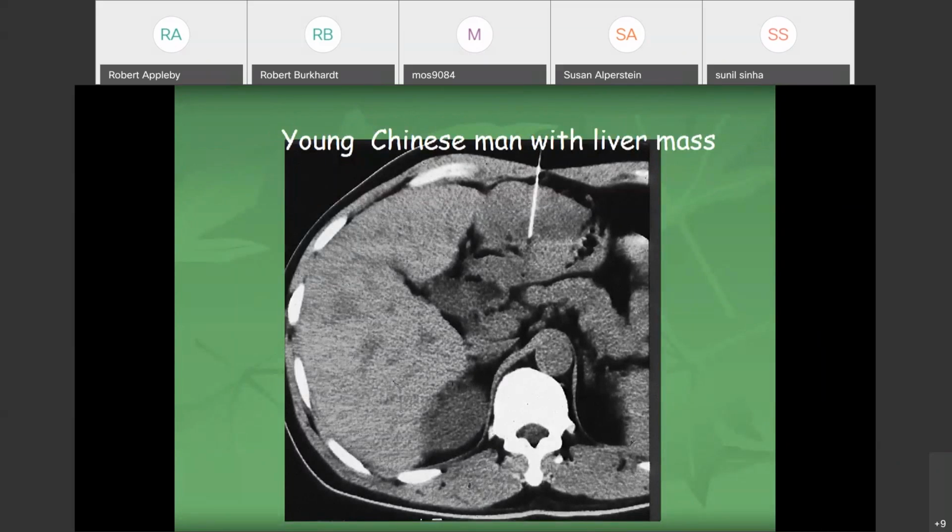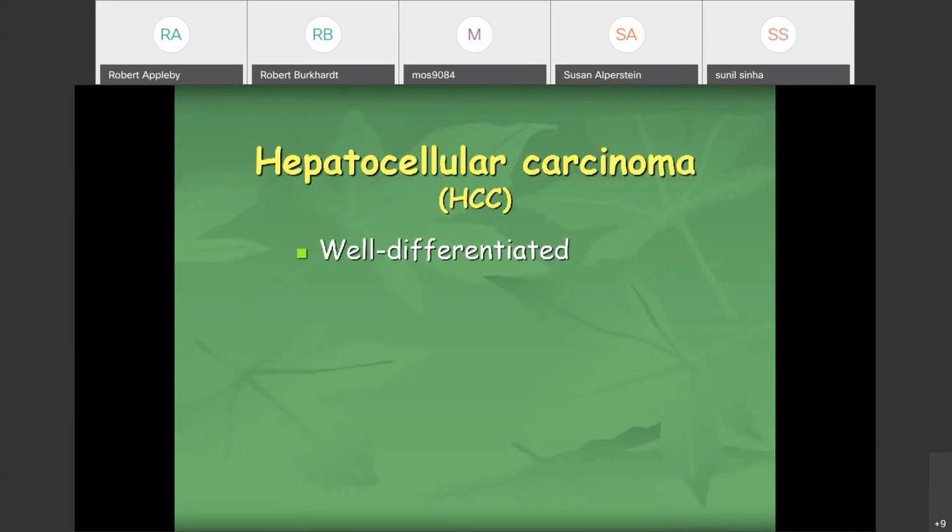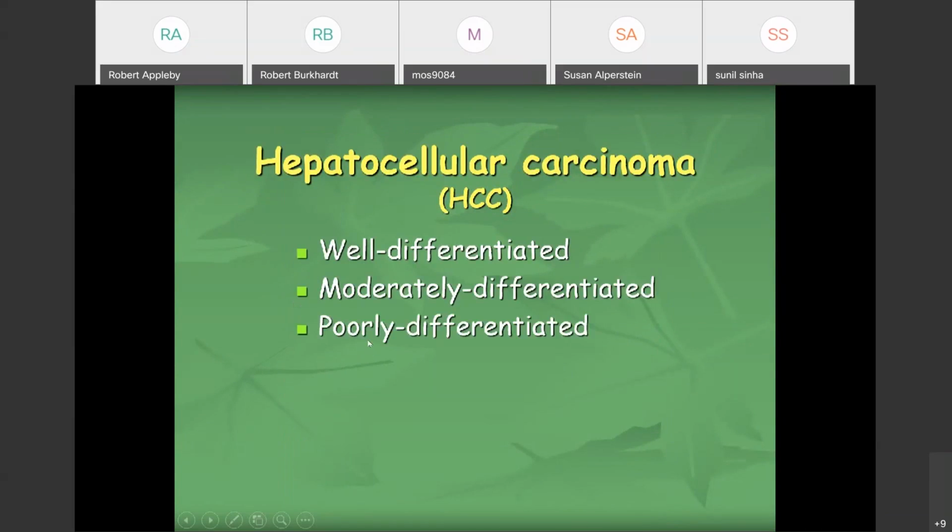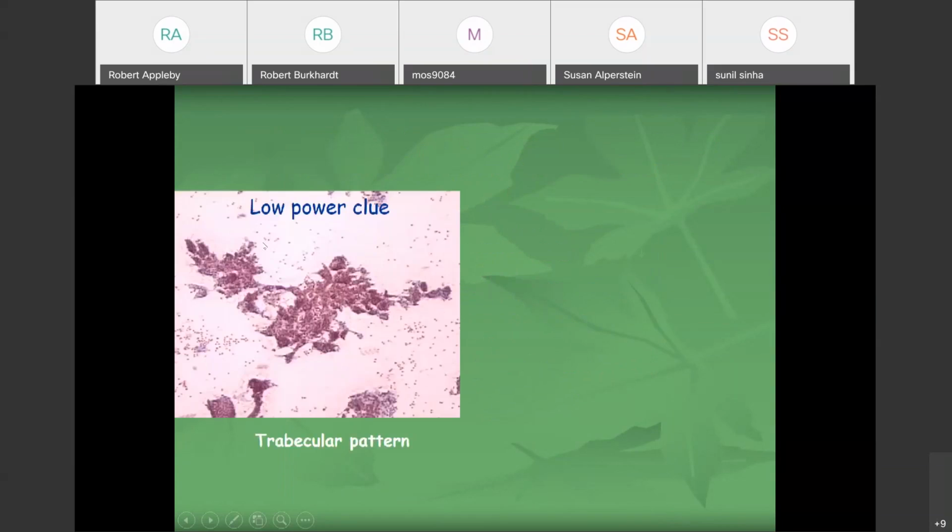So here's a typical Chinese man with liver mass. Why do I classify this for recognition? Well differentiated, moderately differentiated, poorly differentiated hepatocellular carcinoma. And also pleomorphic giant cell type. This is a classic trabecular pattern. You recognize it, low power.